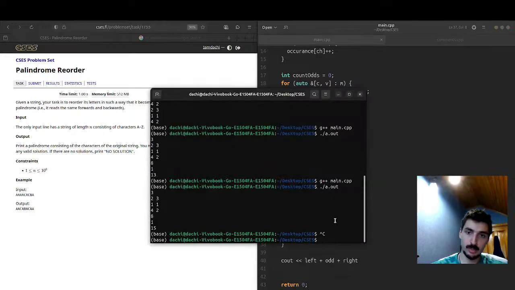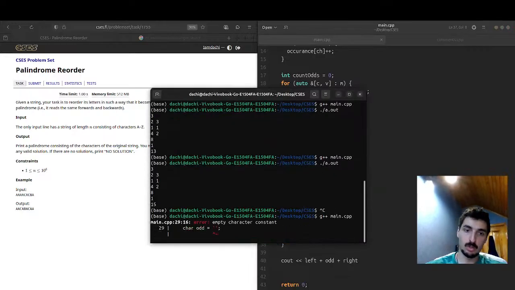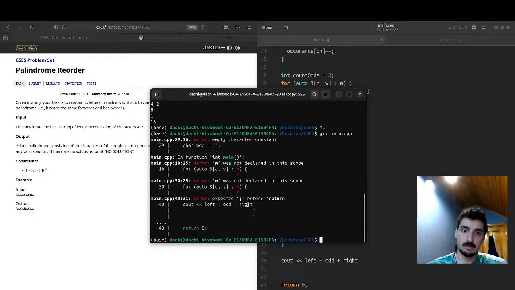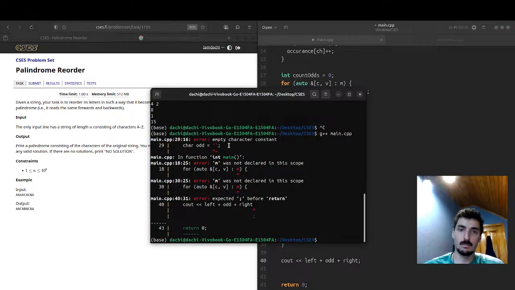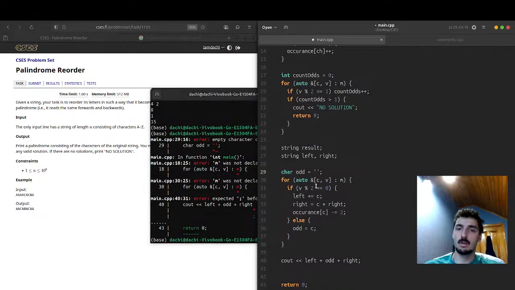I'm not sure that it will work, but it should work. Odd. Alright. Empty character constant. Oh, not M, but occurrence.